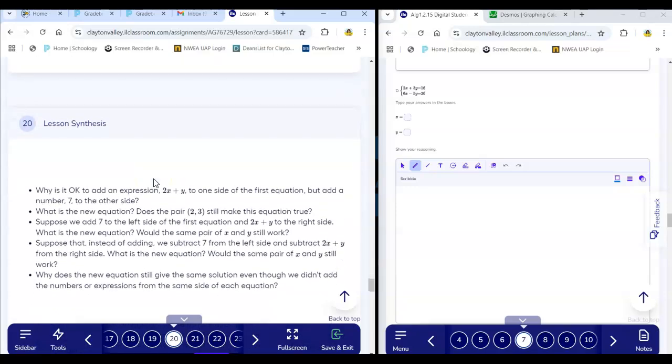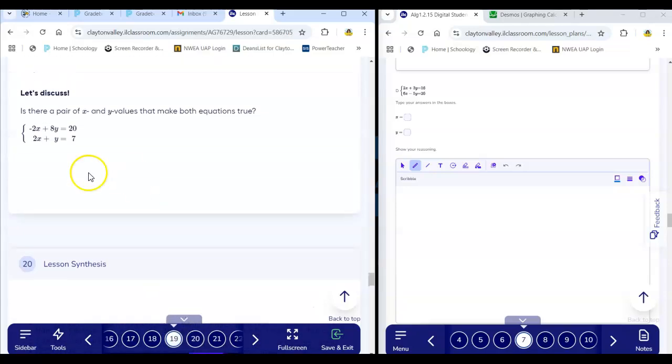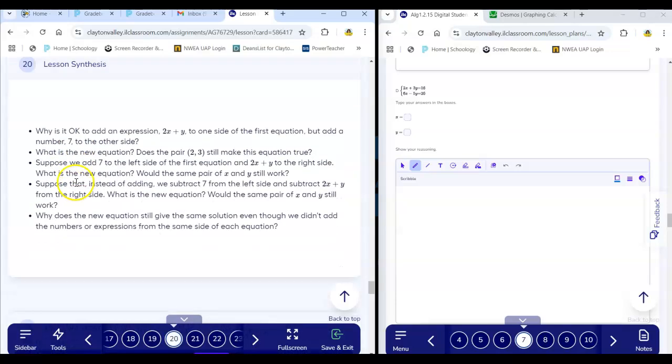Once you add these two together, go ahead and try the pair 2 and 3. I think you're going to discover, just like the teacher with her calculators and measuring tapes, that it's going to work, because they're equivalent.